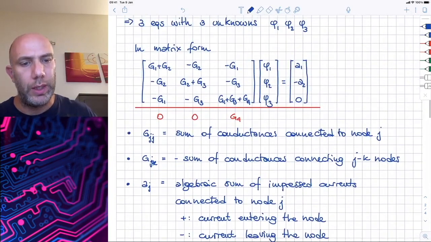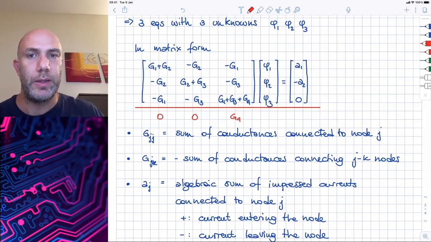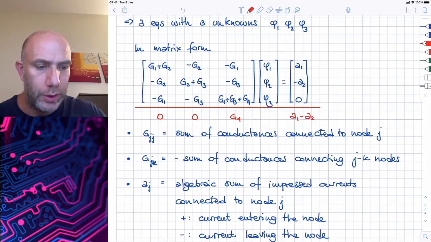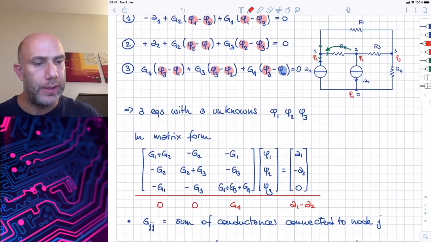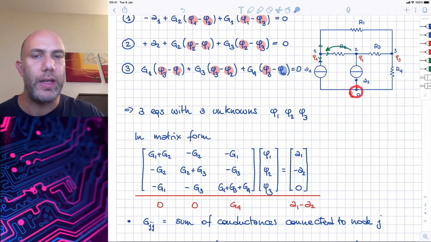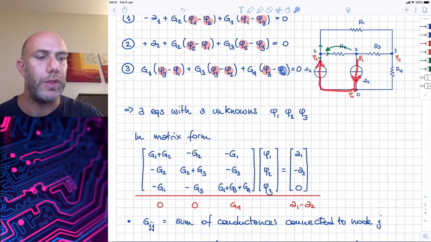If we go here again into the matrix representation of the solution of the system, we have A1 minus A2. And this is actually the total current that is leaving the reference node. In fact, we have the sum of the current of the first generator minus the current of the second generator.